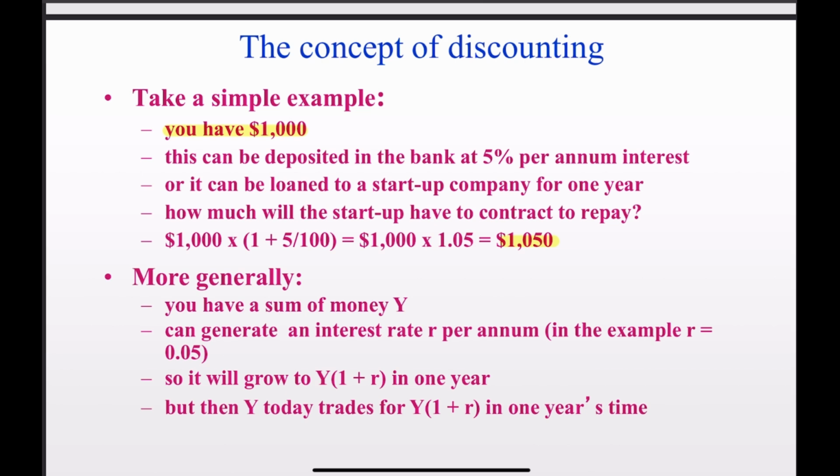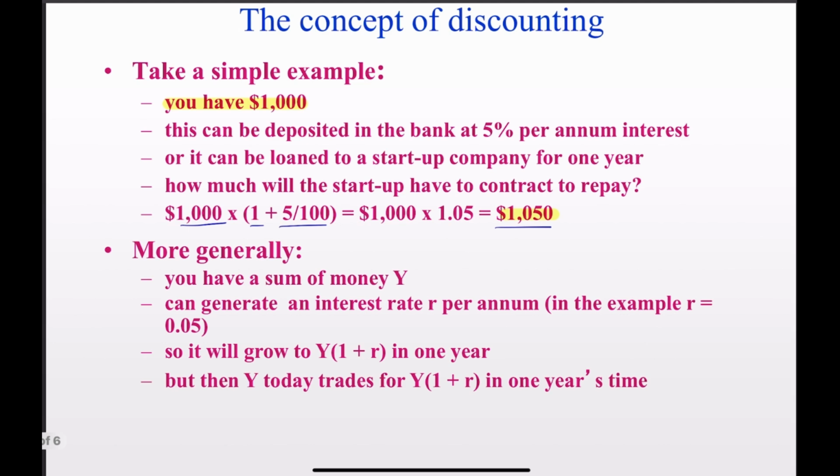Okay, so 1 plus your original money times 1 plus your interest rate. So if you lend it to the startup, they may need to promise to pay you at least $1,050 in a year. Then you may invest.